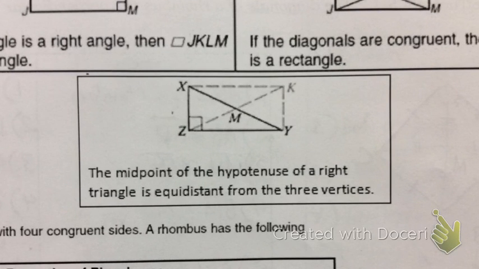If this is my midpoint, if M is my midpoint, then all 3 of these segments are congruent. And we come up with 2 isosceles triangles. So you're looking out for midpoints of a right triangle in order to apply this theorem.